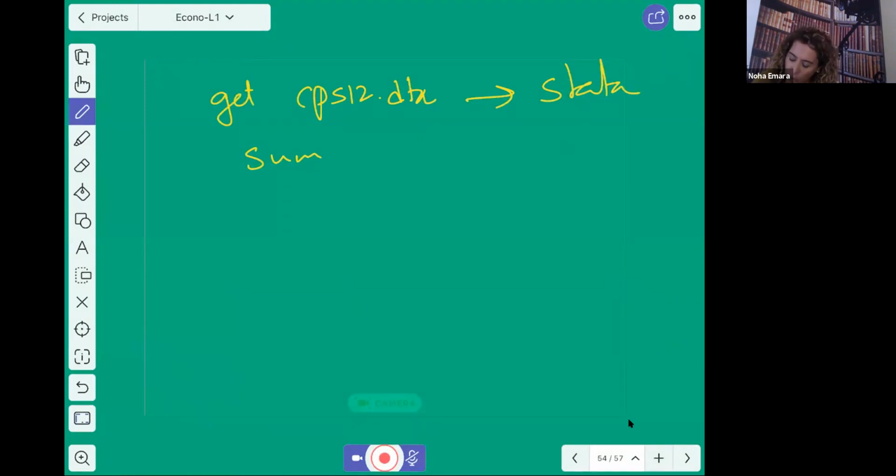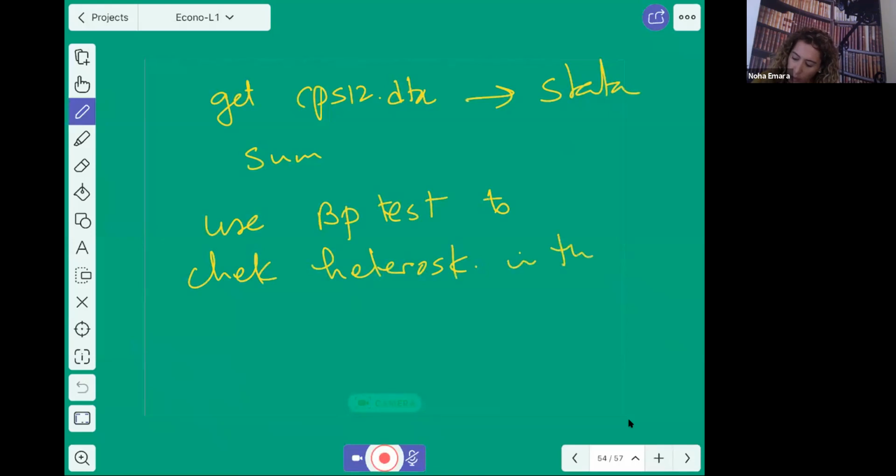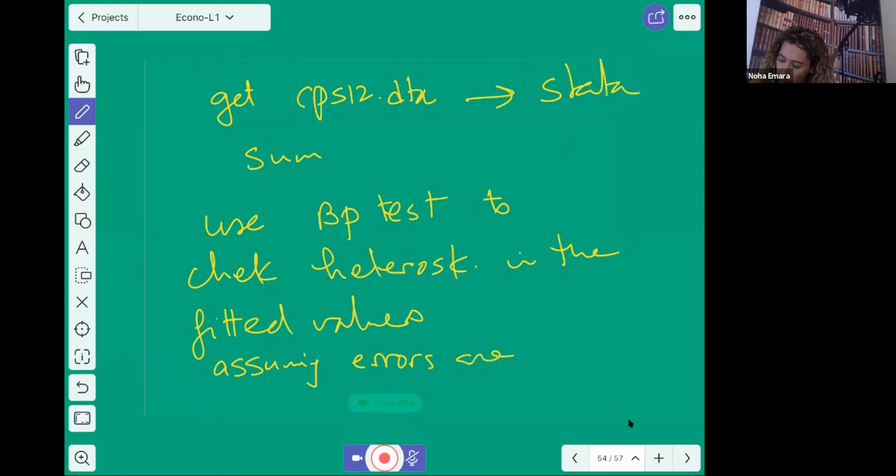And then use the BP test to check whether we have heteroskedasticity in the fitted values, assuming errors are IID.